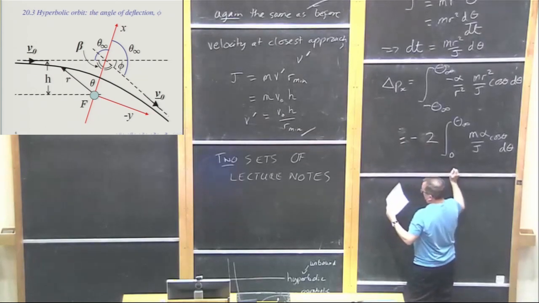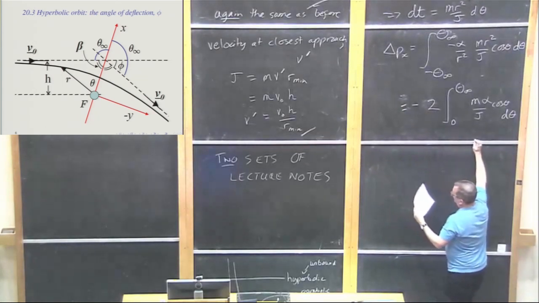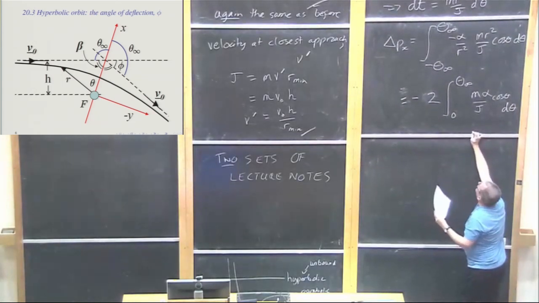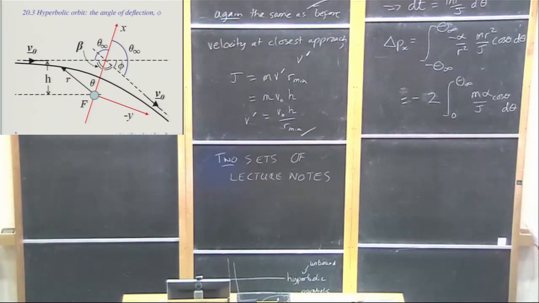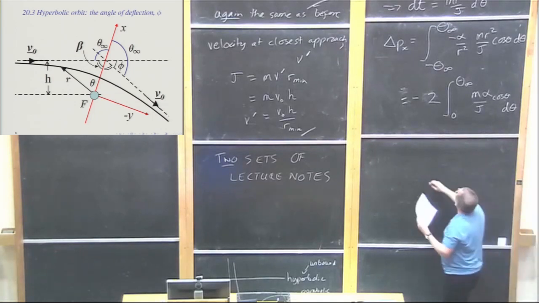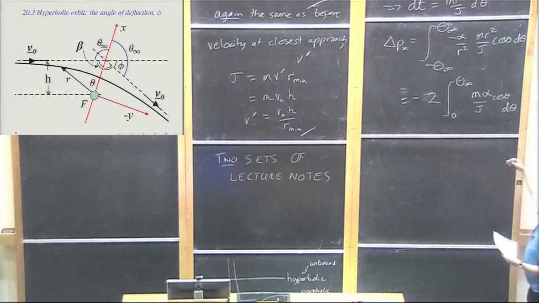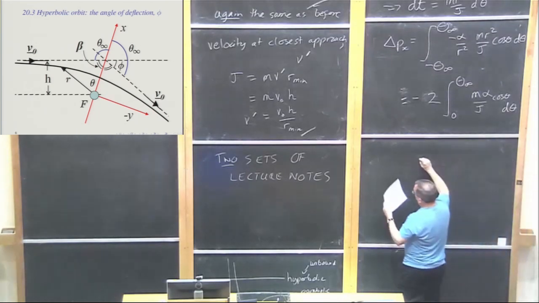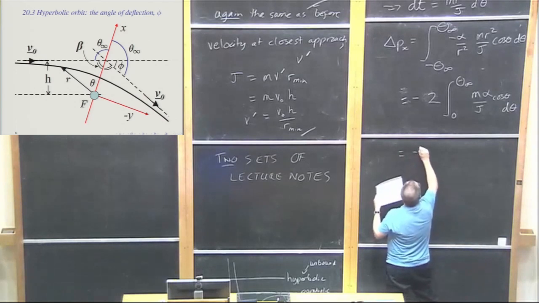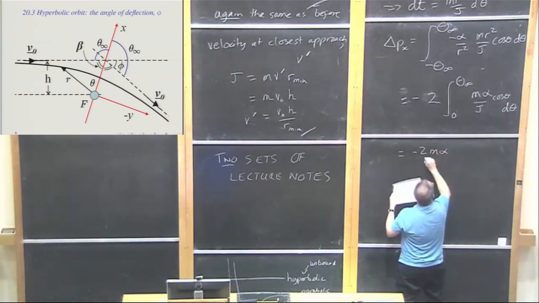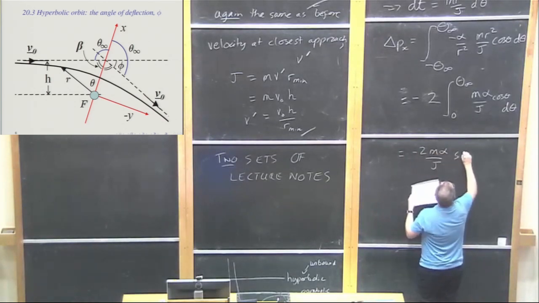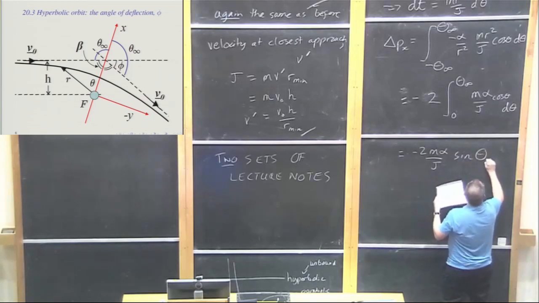Okay, so this is now looking quite manageable, so we can do this integral straight away. We're going to get a sine theta, and we can immediately put in the limits. So we get minus 2m alpha over J sine theta infinity.